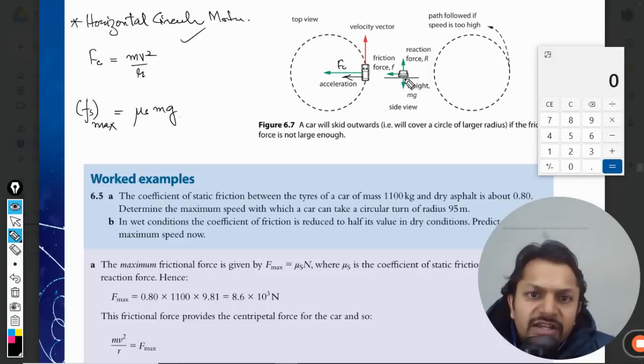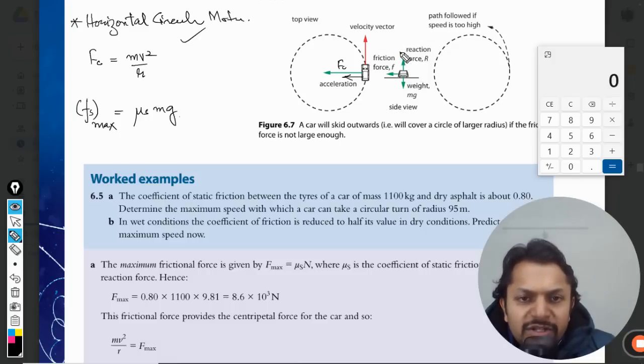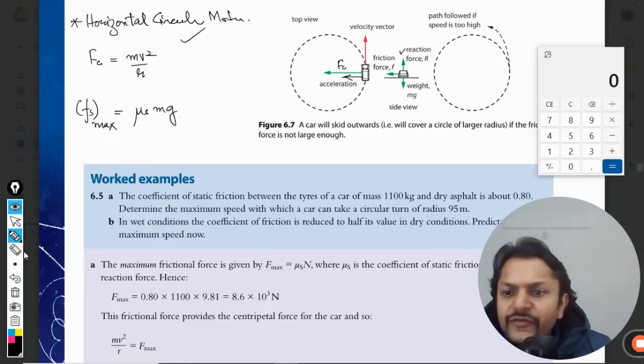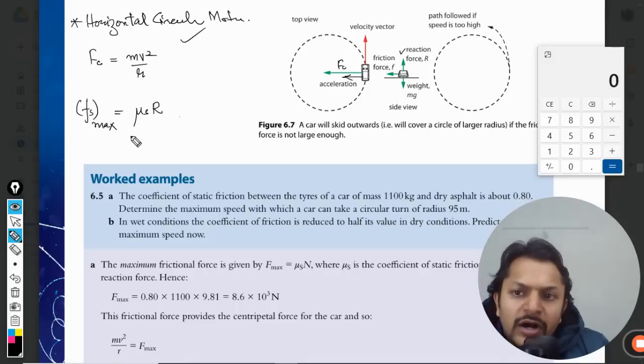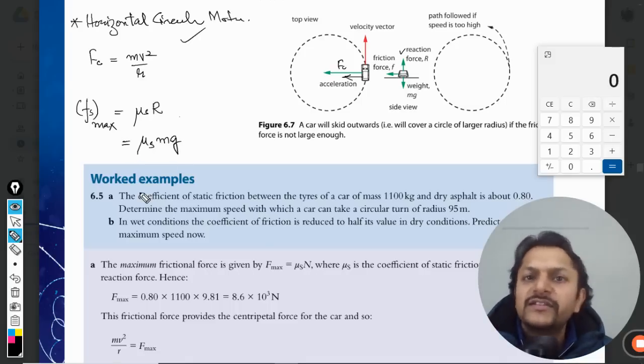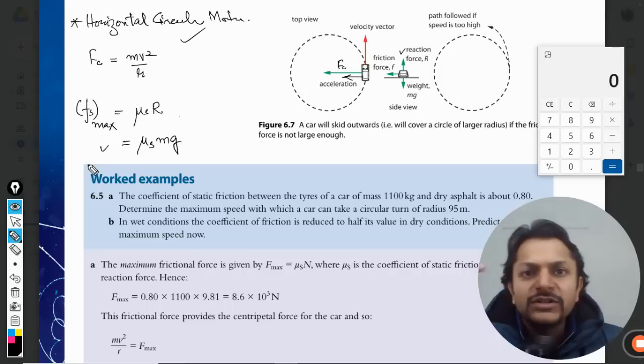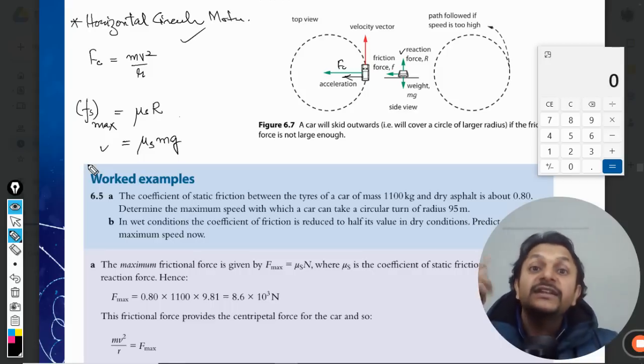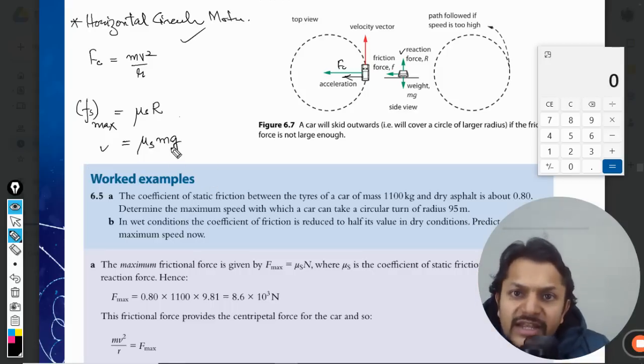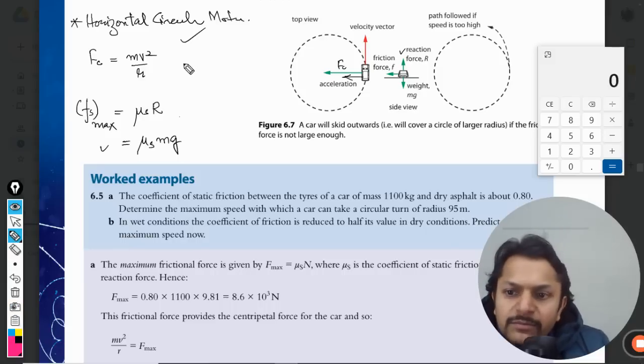So this is the vehicle here, and this is the weight. This will be the normal reaction r, and this is the frictional force. So the friction will be mu s into r, and r will be equal to the weight, that is why it is mg. This is the frictional force which is acting towards the center of the circle, acting like centripetal force. So I can equate these two forces now.